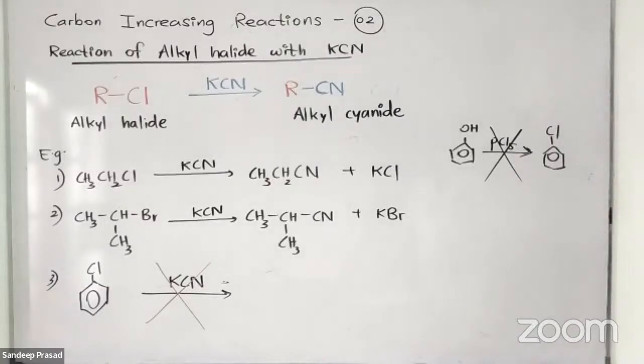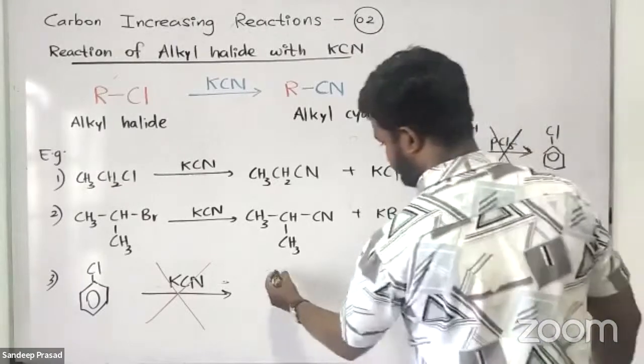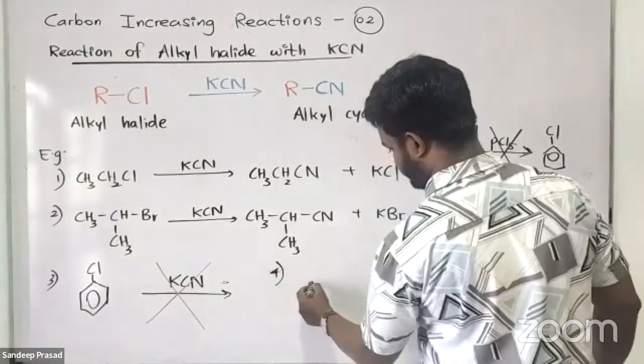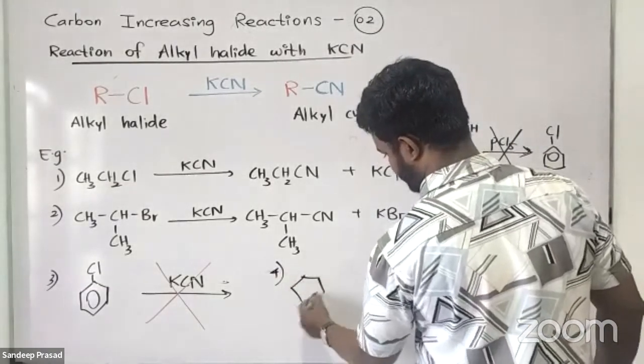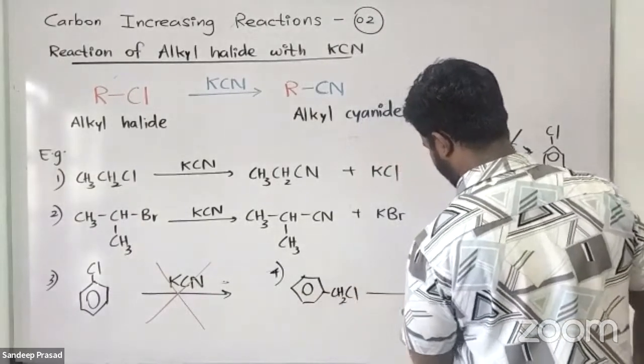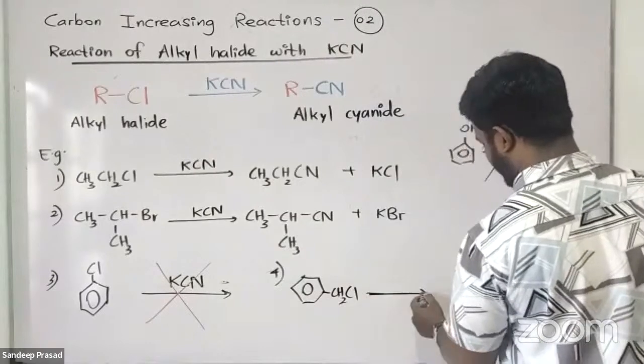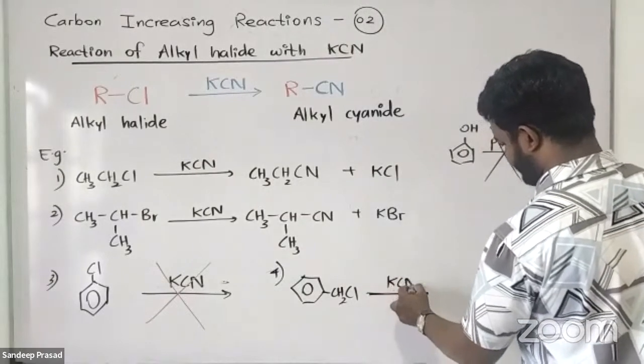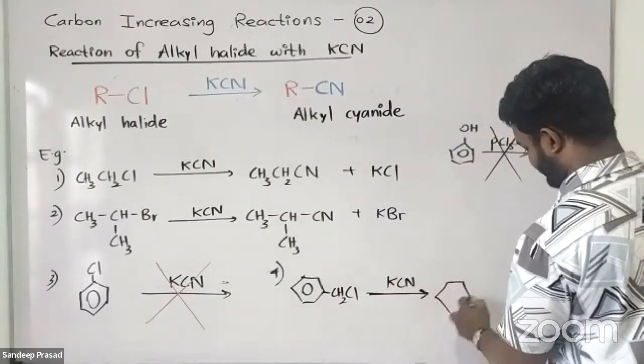Quickly write down these reactions. Fourth one, what about this one? Benzyl chloride, C6H5CH2Cl. That's okay, that's fine. Because chlorine is not directly connected to the benzene ring, right? It's okay, it's fine.